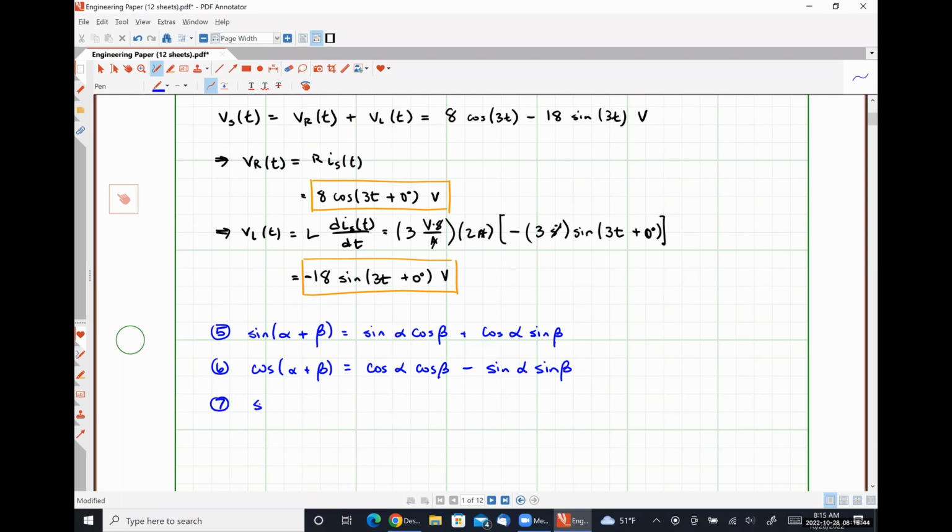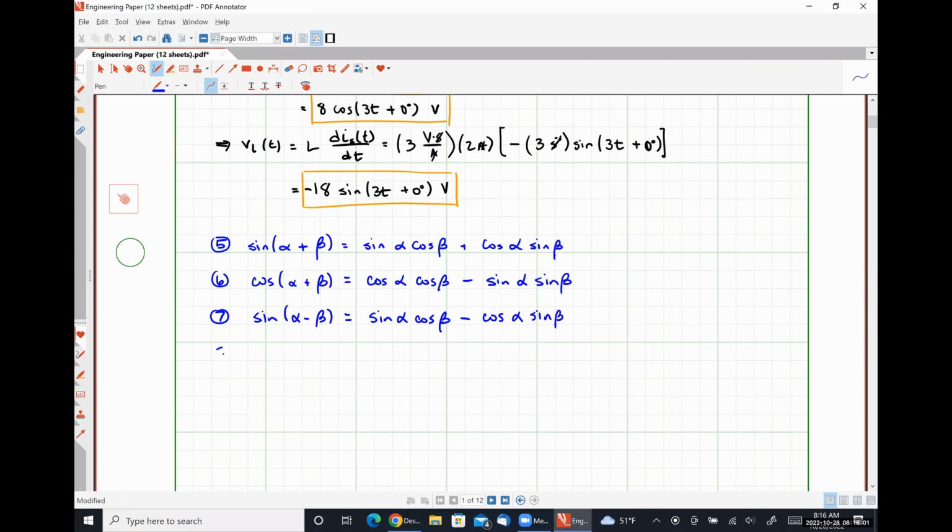Number 7, sine alpha minus beta is equal to sine alpha cosine beta minus cosine alpha sine beta. And the last one that we could possibly use here would be cosine of alpha minus beta is equal to cosine alpha cosine beta plus sine alpha sine beta.